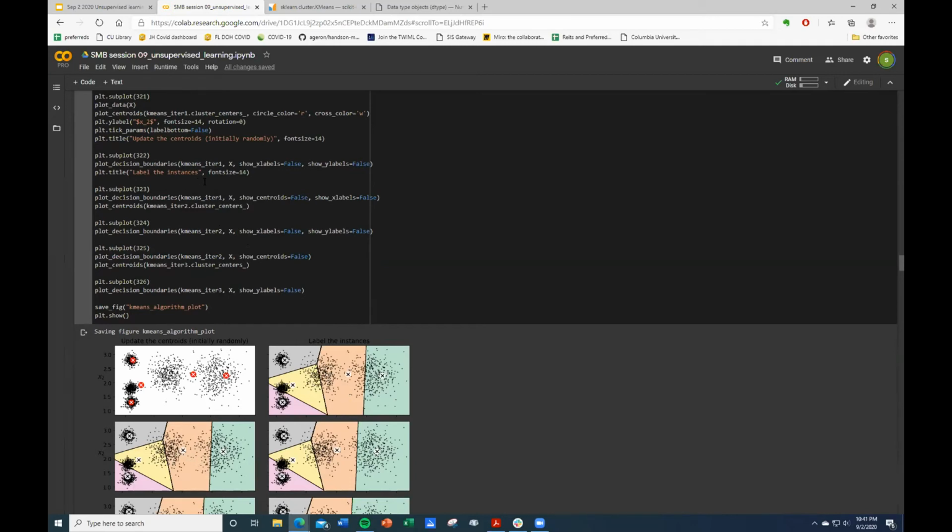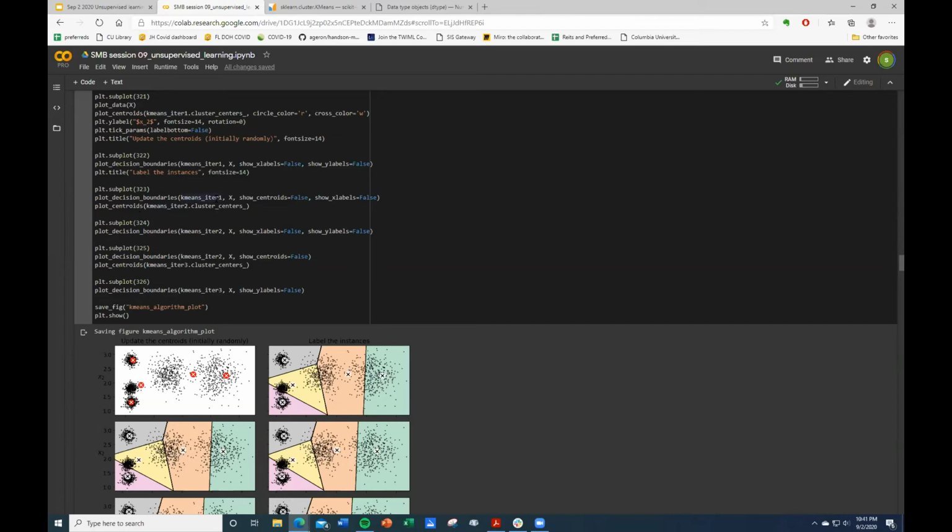Maybe what he's doing is he's showing that the decision boundary hasn't moved yet, but the centroid has moved. I see. Exactly. The centroids are moving. Yeah, plot centroids, because here, he's plotting the centroids of iter 2 with the means boundaries of iter 1.